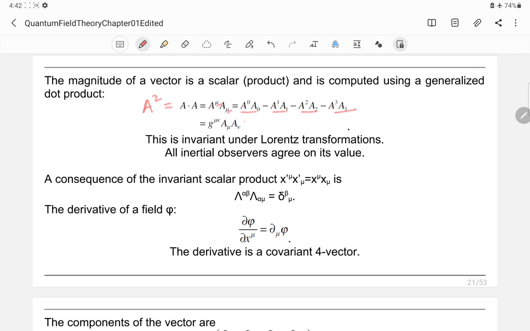You can also write this as a nu. So this quantity is invariant under Lorentz transformation. So it's the same in any inertial frame.